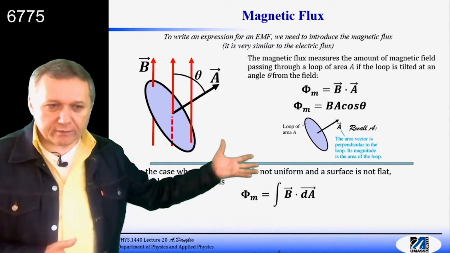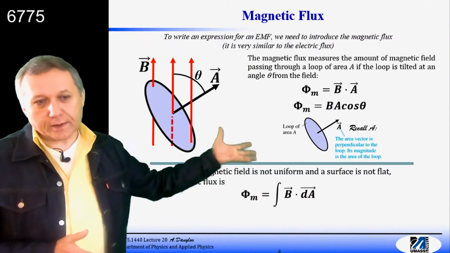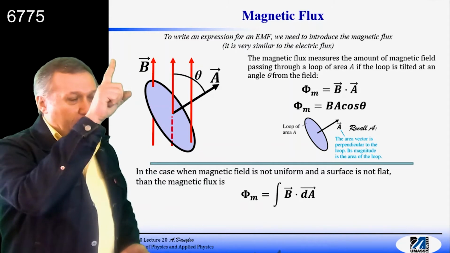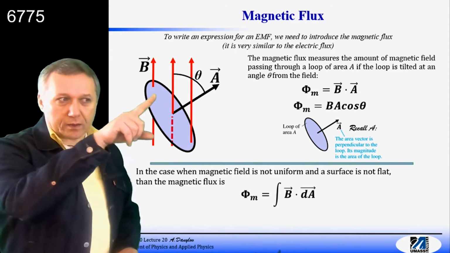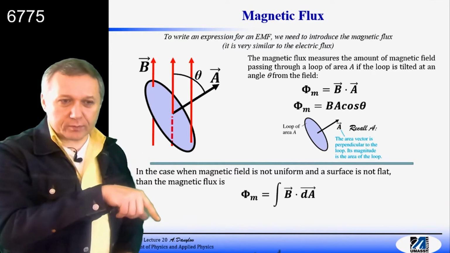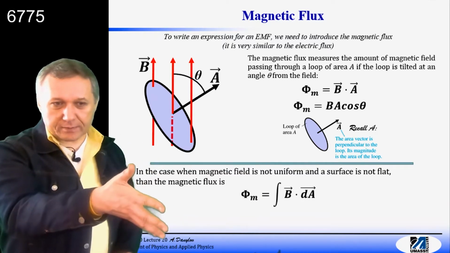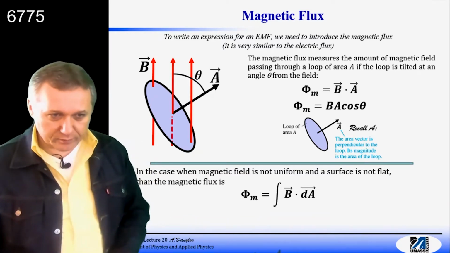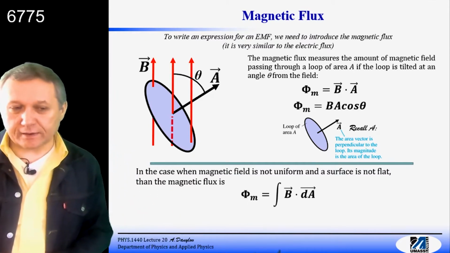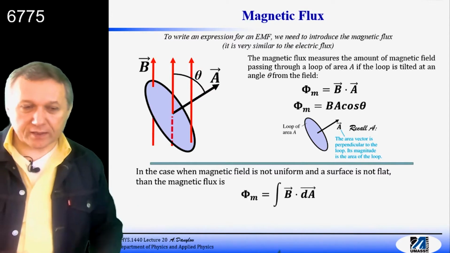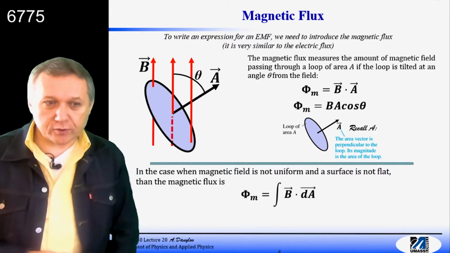We just used whatever we saw in the formula: electric field times surface, so newtons divided by coulombs times meters squared. What about magnetic flux? Do we need a special unit?